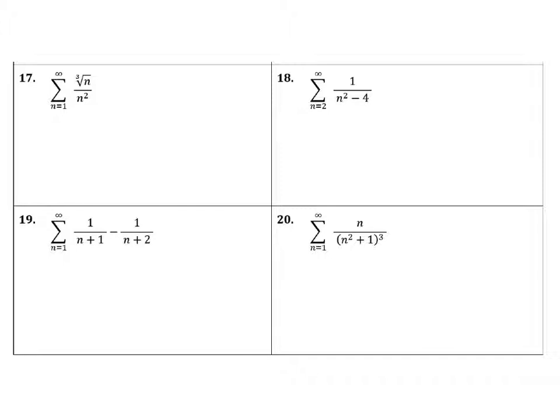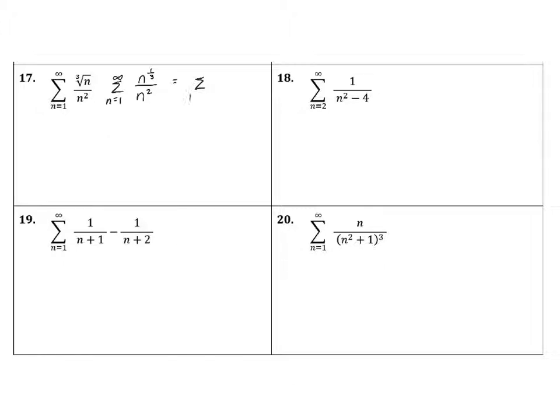Okay, so for 17, let's see if we can make this into a p-series. That would be really awesome if we could. We've got the sum from n equals 1 to infinity of n to the 1/3 over n squared. We are dividing with like bases, so we subtract exponents.